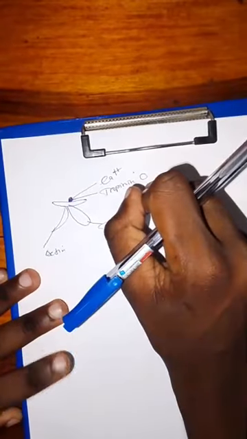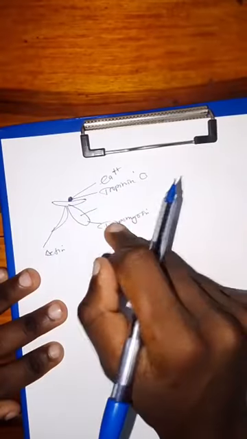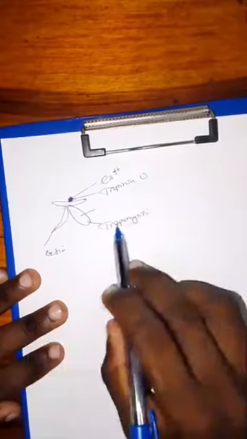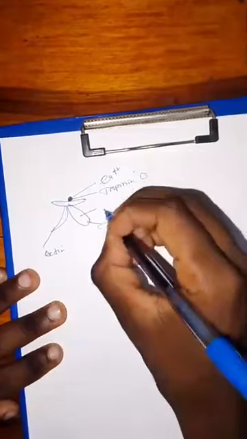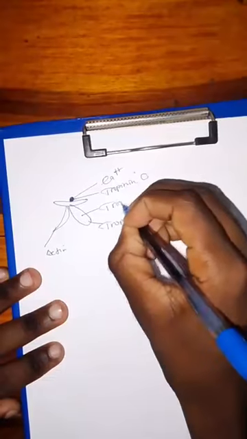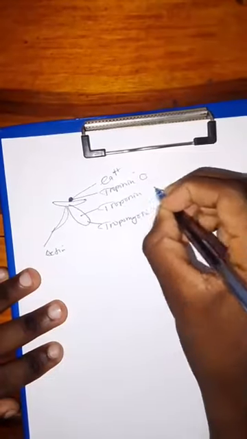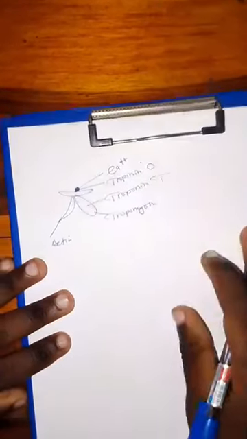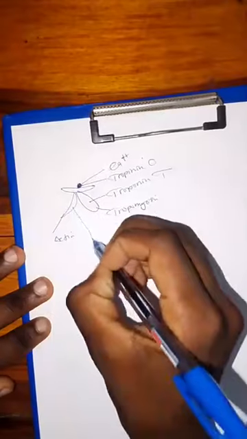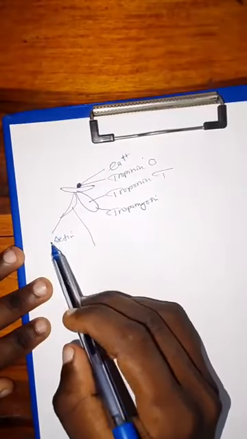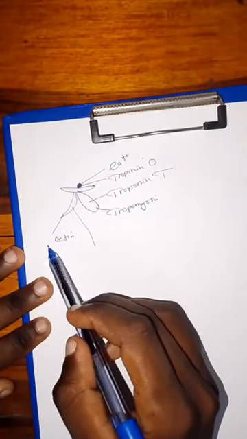Now, what about the binding site of the tropomyosin side? This is called the troponin T. It's not because tropomyosin starts with T, no. It is called the troponin T. Now, what about this side, on the actin side?